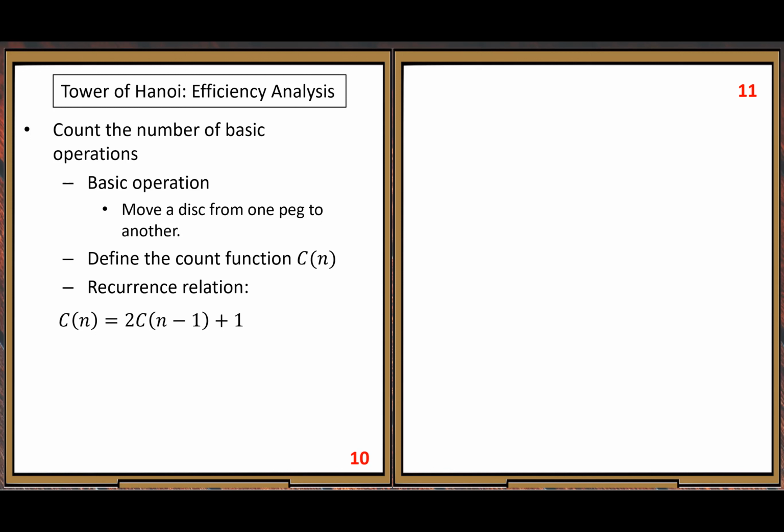Here you need to do some smart work. You really need to find some special properties. The initial condition: C of 1 equals 1. One disk move.